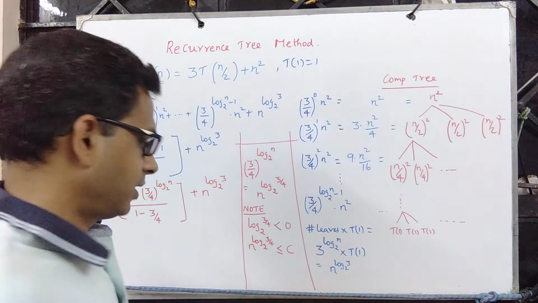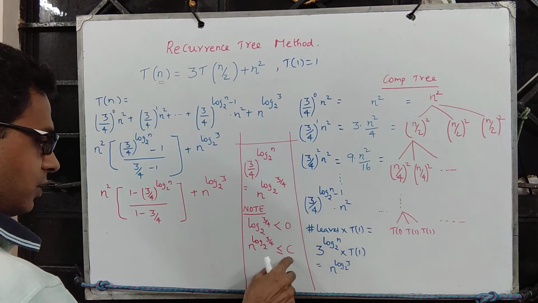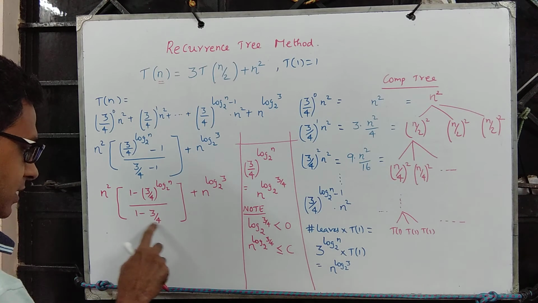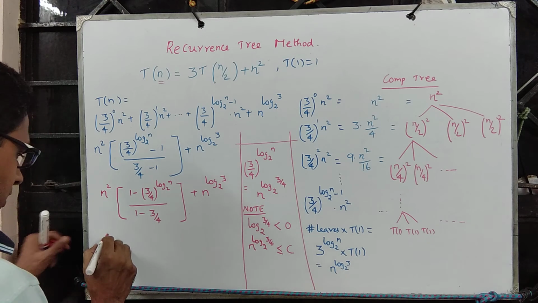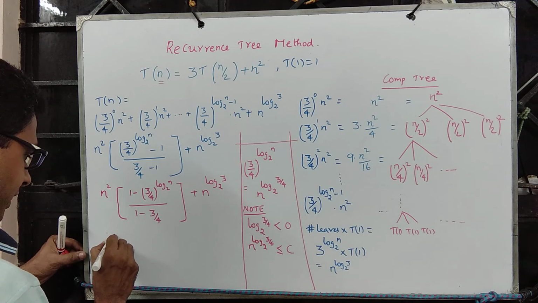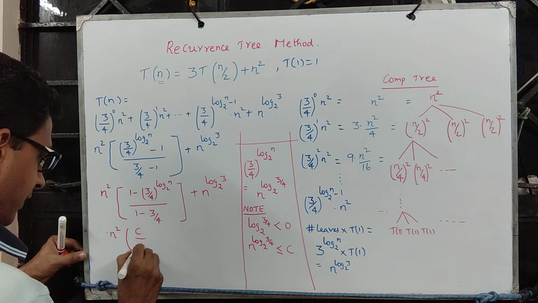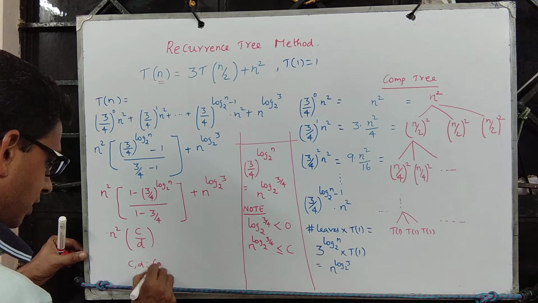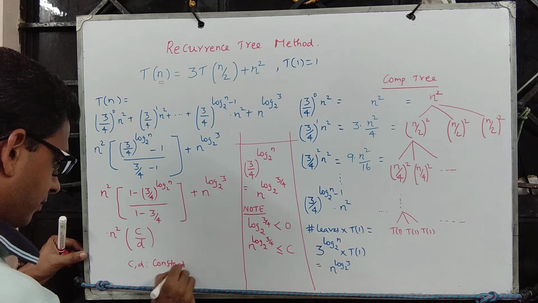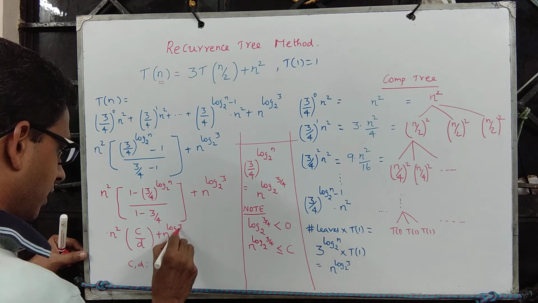Correct? I can say 2, 3, 4, all that, correct? So now this is a constant. 1 minus 3 by 4 is 1 by 4, so that is also a constant. So you can write it like this: n square times some constant c, some constant d, where c and d are constants, plus n power log 3 base 2.